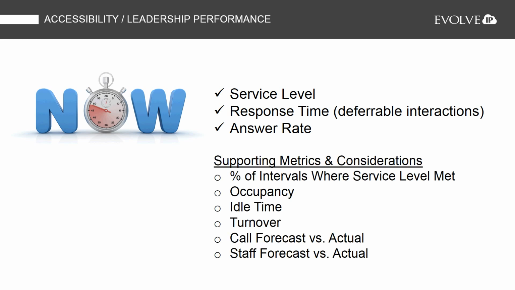So let's talk about some additional metrics to consider along with these accessibility ones. If you want to achieve an even higher level standard, you can track service level by interval, not as an average across all intervals for a day. In other words, what percent of intervals did you hit your service level goal? In many organizations, there are periods where the call center is skeleton staffed, and the results are not very good.